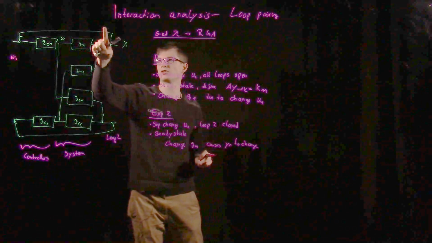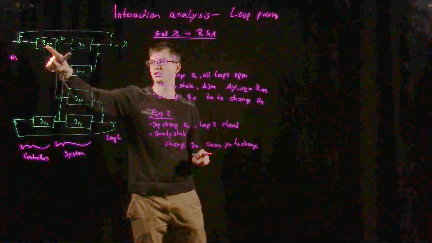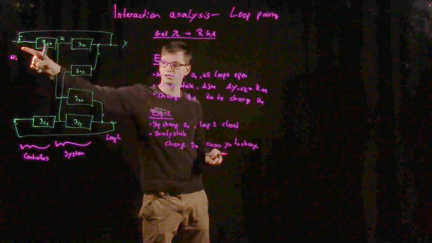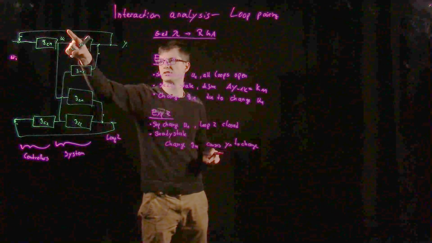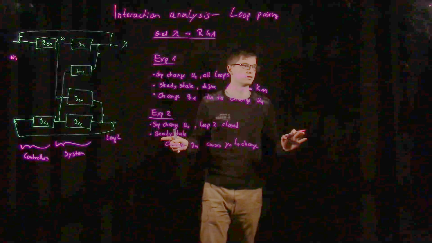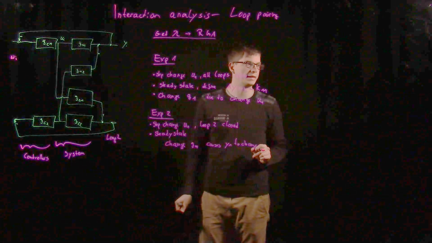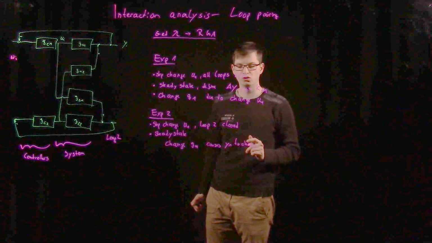There is no backward connection to the controller, and you have no influence on Y2 because this loop is open. Okay, that's understandable.